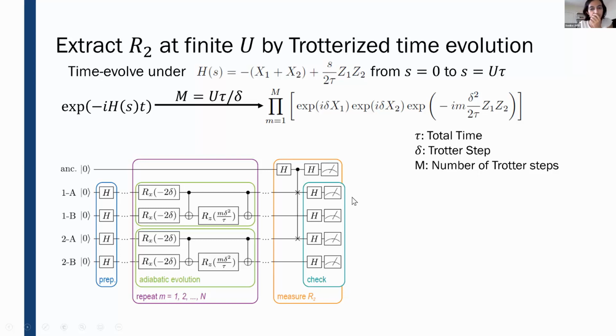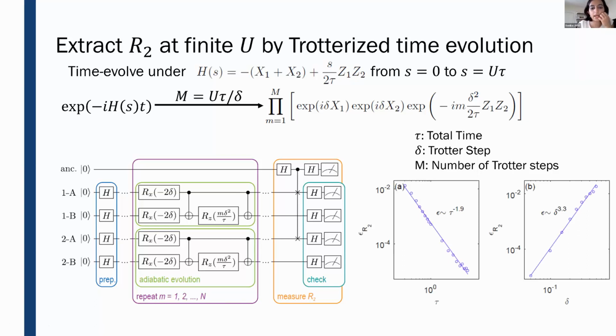So a lot of different elements go into compiling this algorithm down to qubits. But finally you have this quantum circuit.